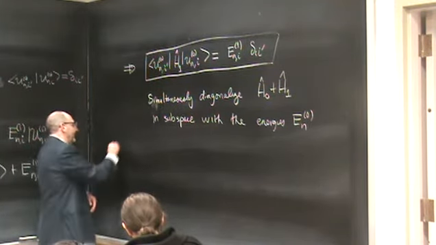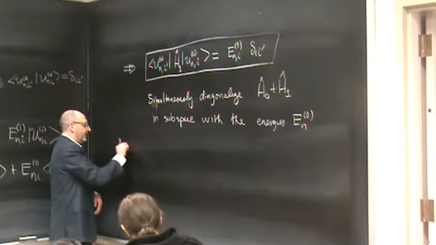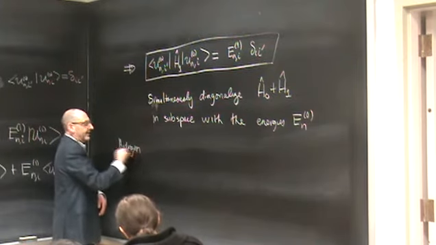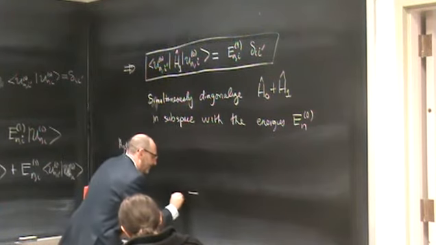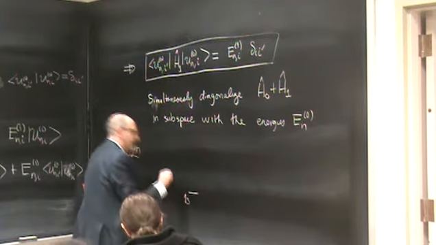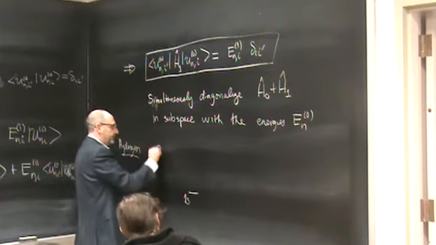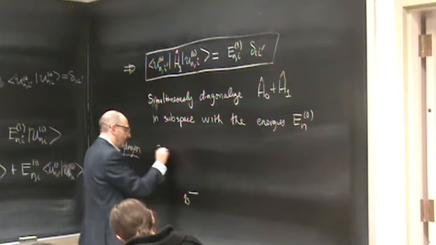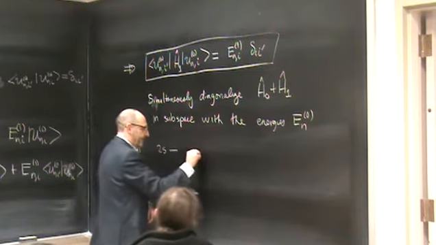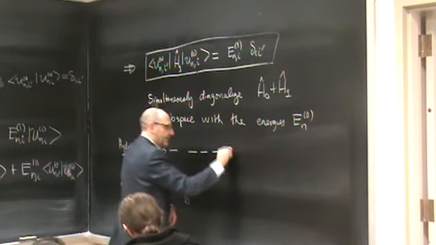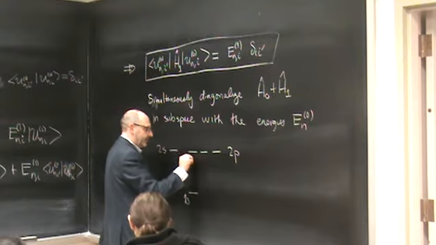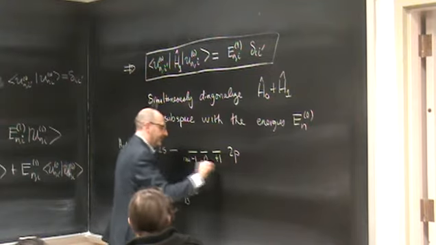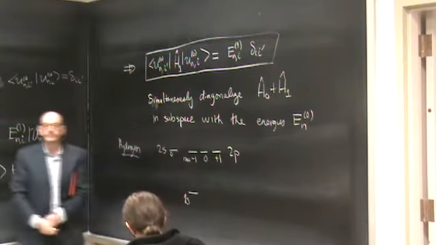So for example, in hydrogen, which we'll now study, the Stark effect in hydrogen. We have the 1s state. Then we have the n equals 2 states. We have the 2s state, and then we have these three 2p states with ml equals -1, 0, +1, and this is an m equals 0 state.